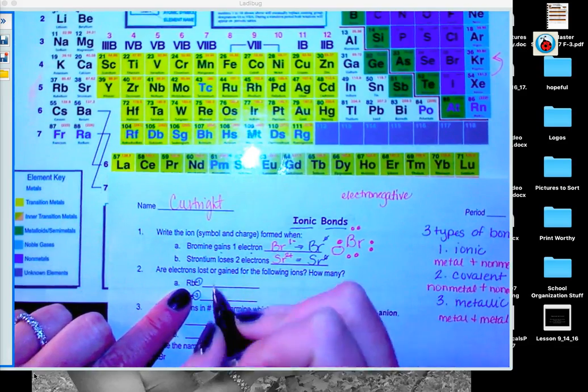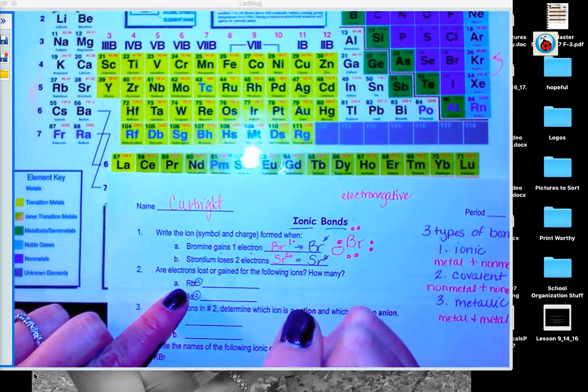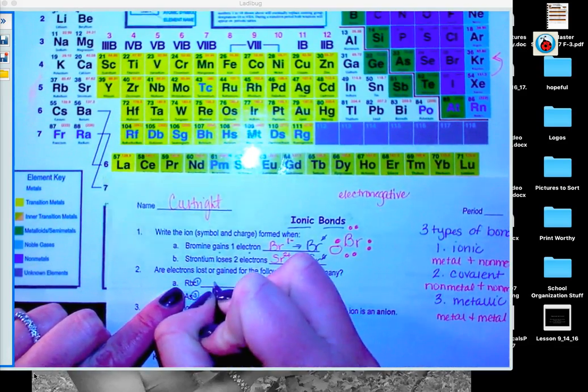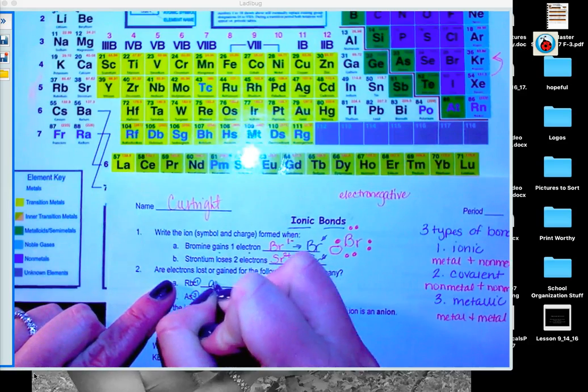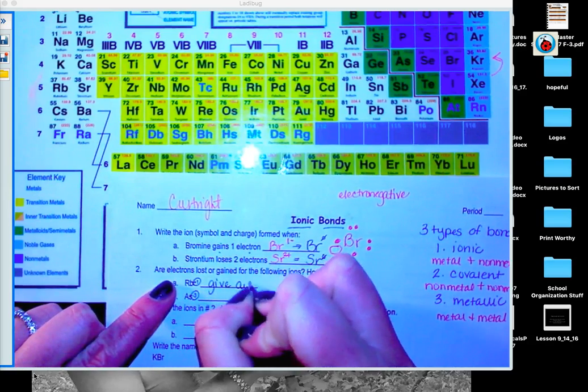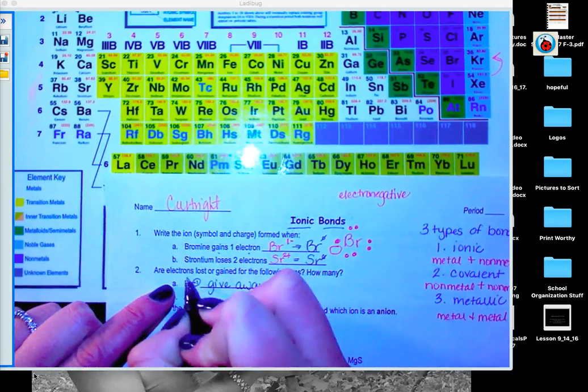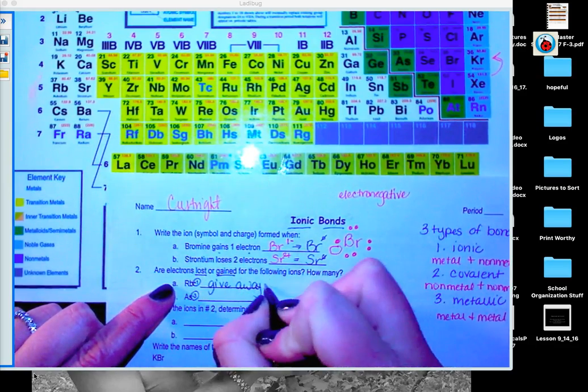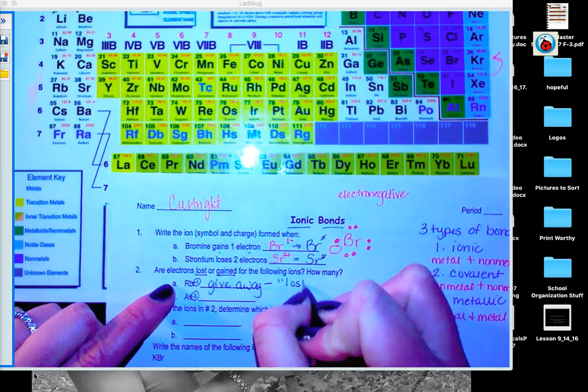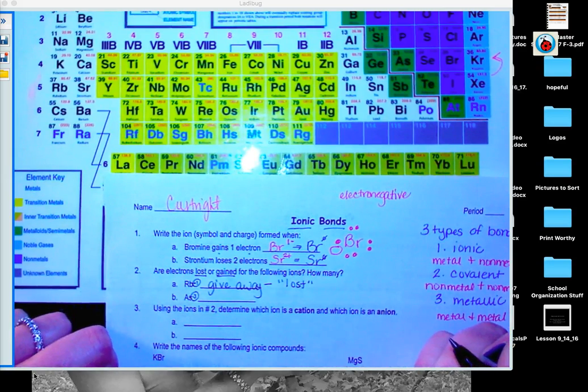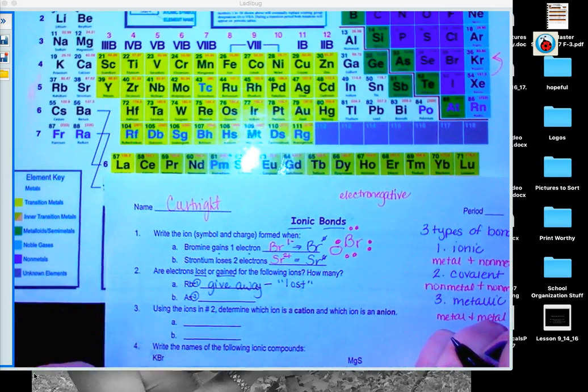Even though it has a +1 charge, is it going to pick somebody up or is it going to lose somebody? And the answer is that it is going to give away. So the way to say that according to this, are they lost or gained? Technically, they're lost, even though he's very happy to lose that electron.